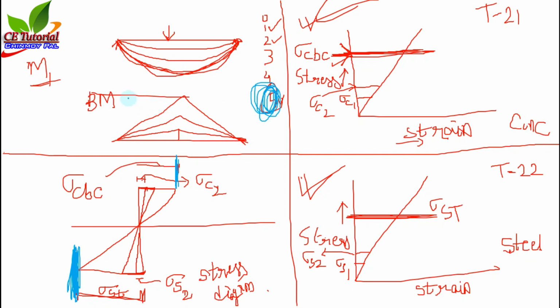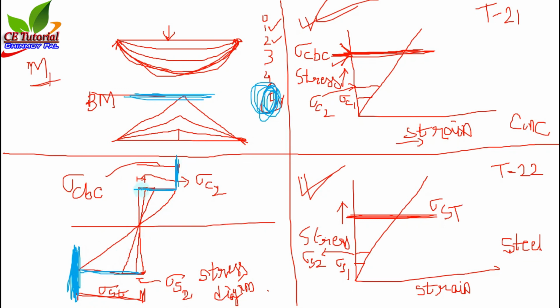When we apply the final load here, then due to the applied final load there is the final bending moment. This bending moment will be resisted by developing the maximum stress in the topmost fiber and the maximum stress in the bottommost fiber for concrete and steel.